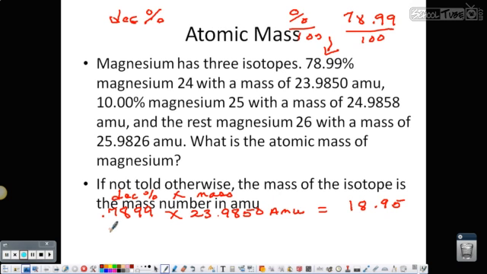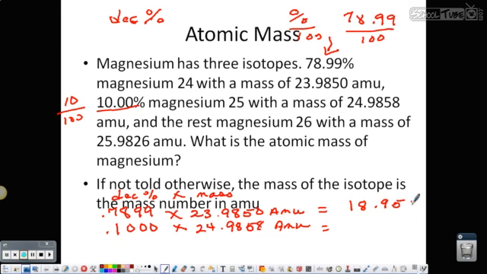Alright, then I have 10%. This 10%, 10 divided by 100 is 0.1000 times 24.9858 AMU equals.